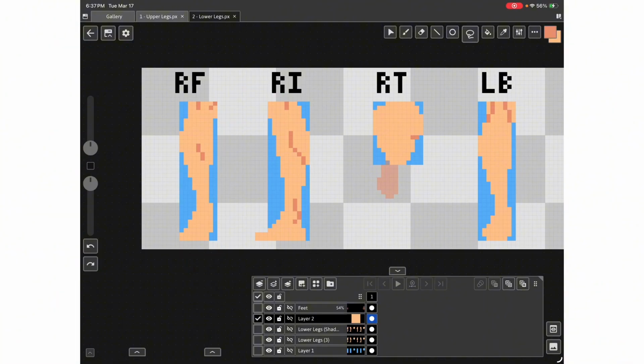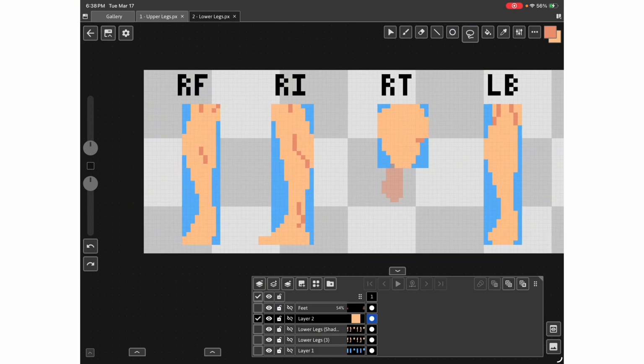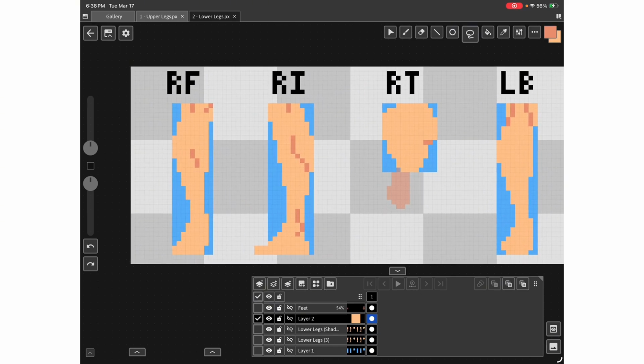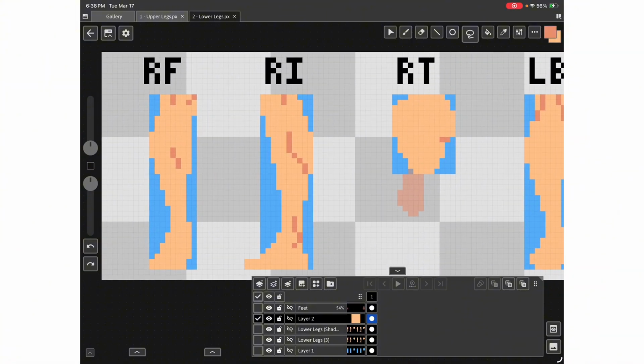Like we've all, I imagine, seen many feet or lower legs or just bodies in general. So whenever we draw, we have our own idea of what it's supposed to look like. And because of that, we draw what we think is there, as opposed to seeing what actually is there.